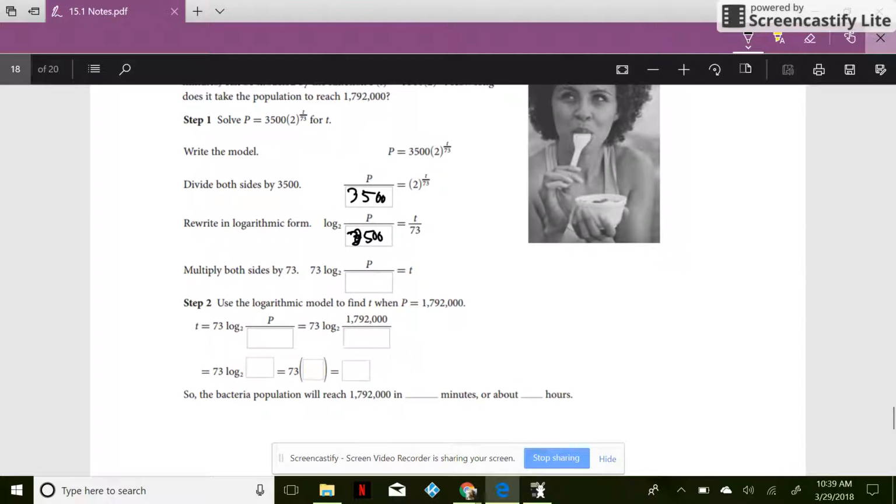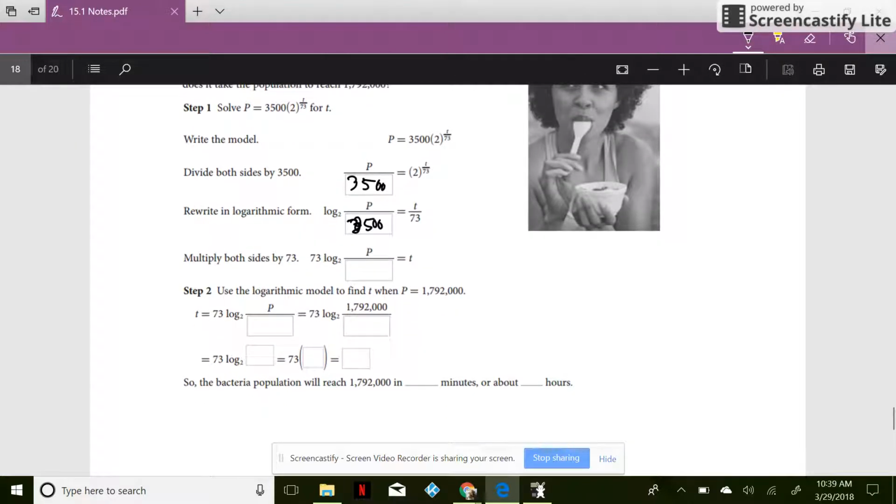We essentially took the log base 2 of both sides of the equation to get rid of, remember log is an inverse. So an inverse of raising 2 to a power would be to take log base 2 of that power. It's like taking the inverse of x squared is the square root. So the inverse of 2 to the x is log base 2. So take the log of both sides to undo taking the 2 to the power.